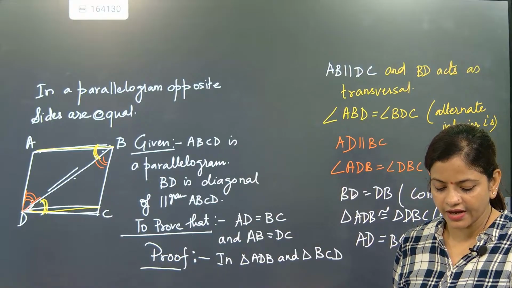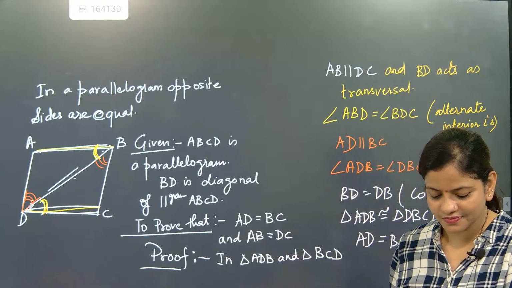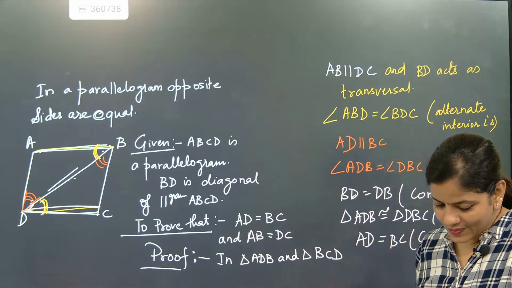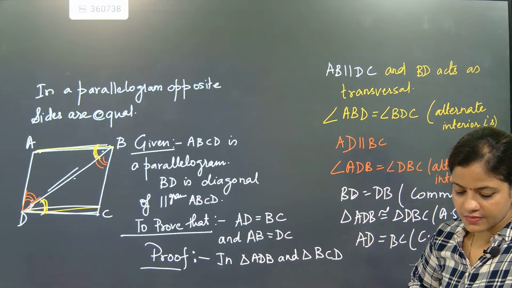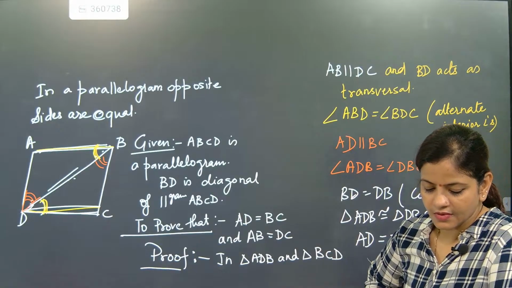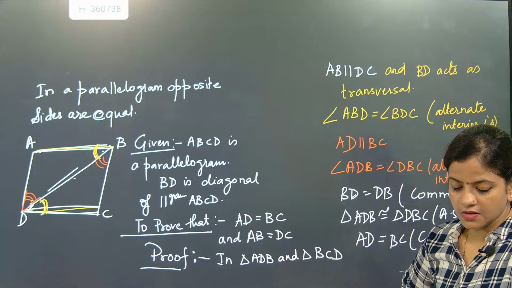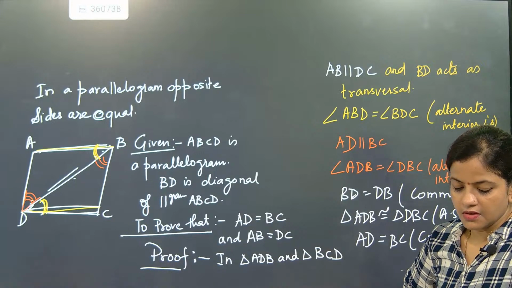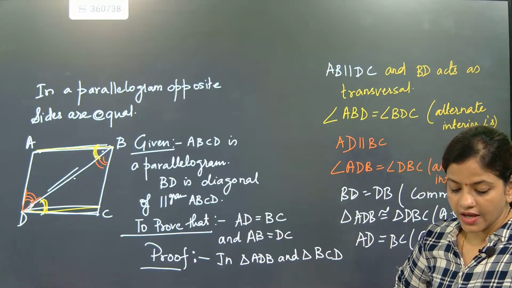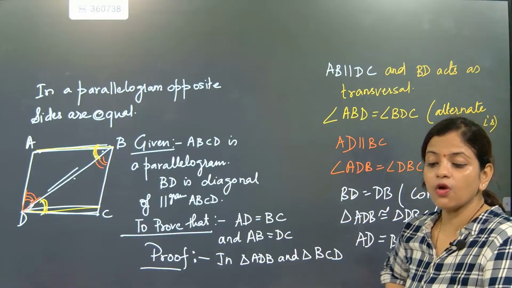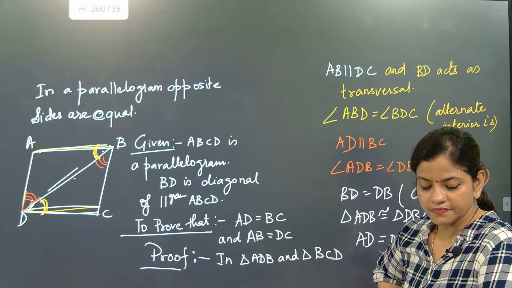It is not SAS. How can it be? SSS would be coming if you were seeing that all three sides are equal. That you need to understand first.